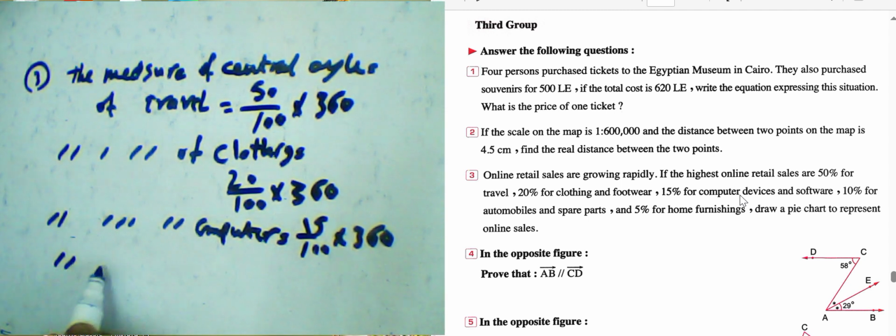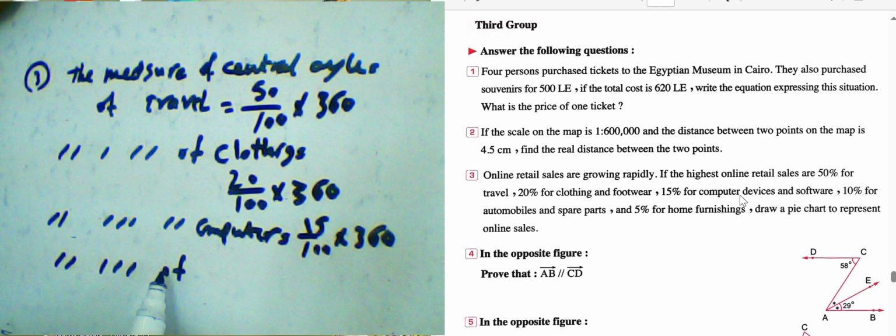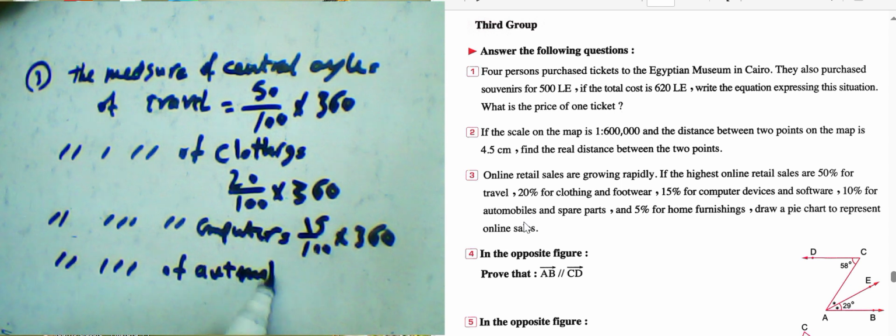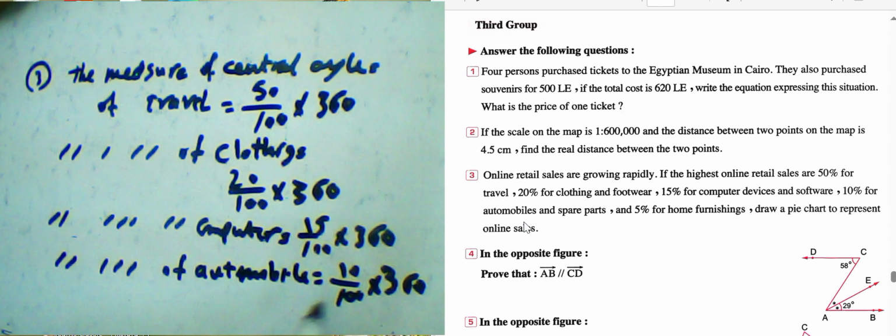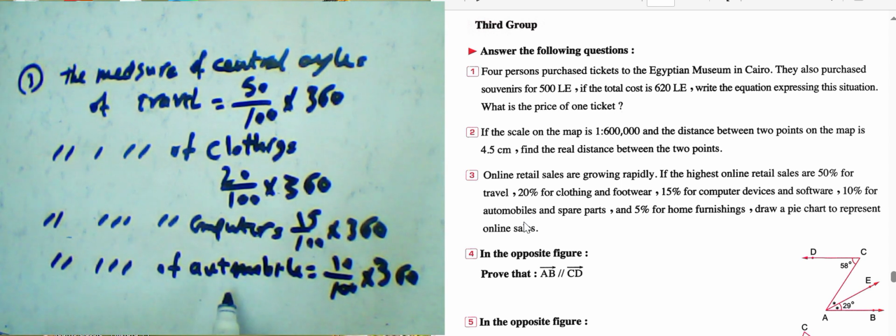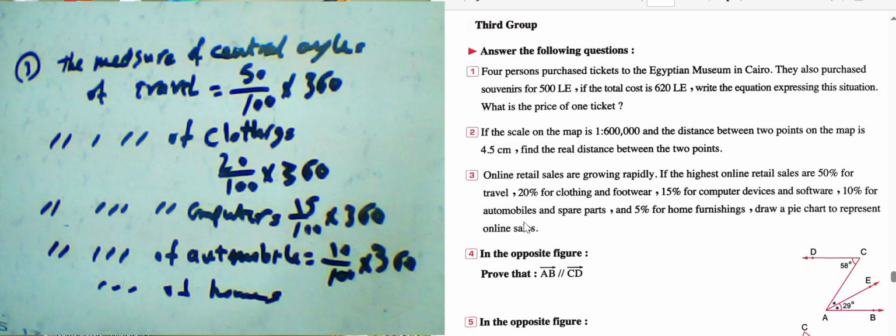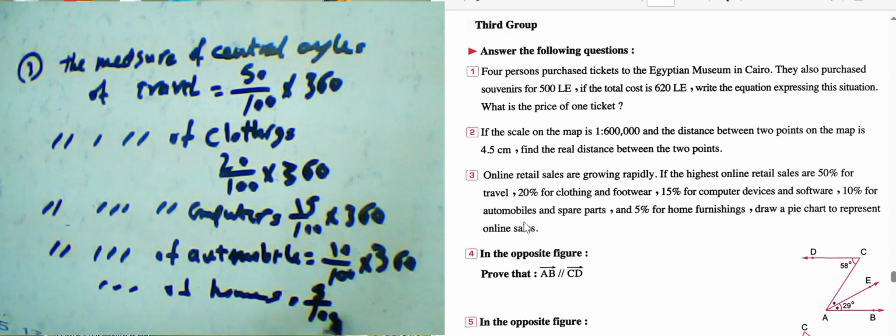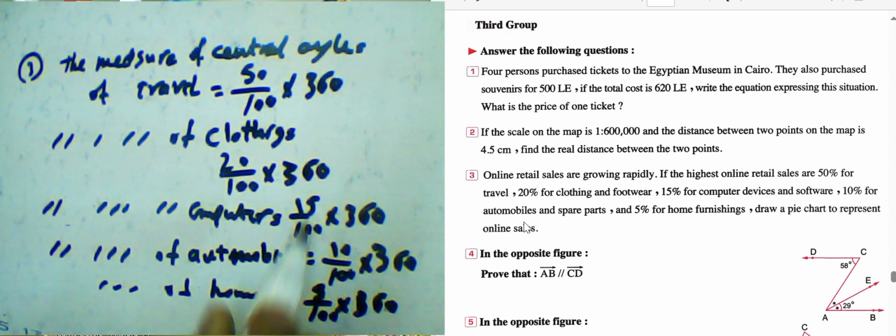And then the measure of the central angle of automobiles, 10%, will be 10 over 100 times 360. And we have 5% of home furnishing, 5 over 100. You can find this by using a calculator.